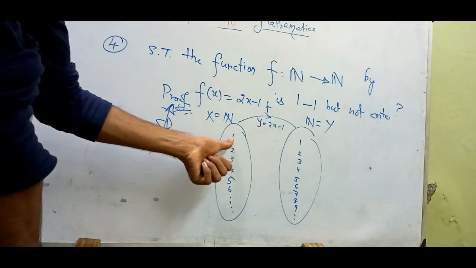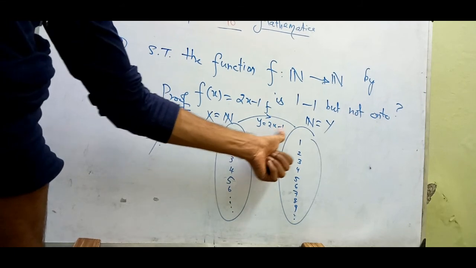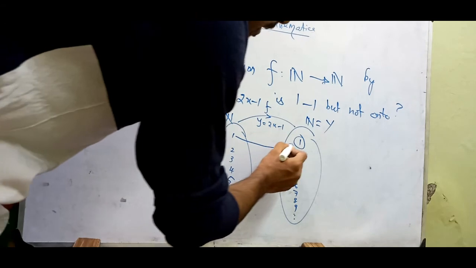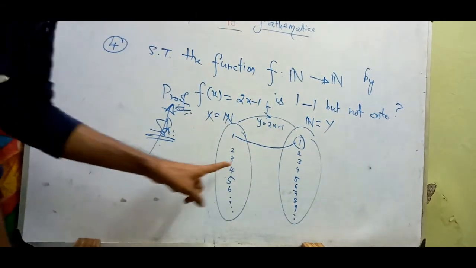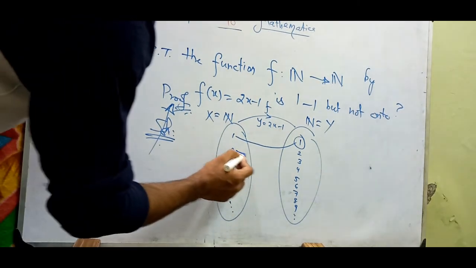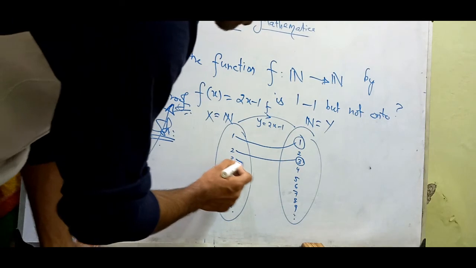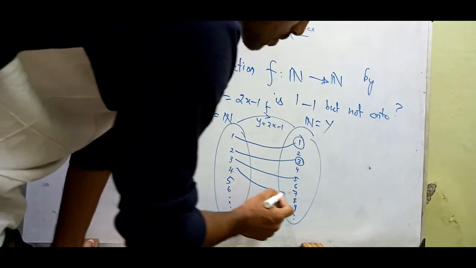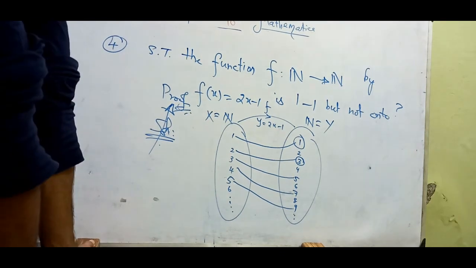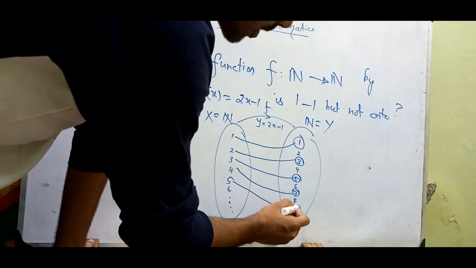So if I put x equal to 1 here, y is equal to 2 times 1, which is 2, 2 minus 1 is going to be 1. So my 1 maps to 1 here. Next, if I put 2 here, 2 twos are 4, 4 minus 1, this maps to 3. 3 maps to 5, 4 maps to 7, 5 maps to 9. If you want, you can check it. Everywhere it is mapping only to odd numbers.